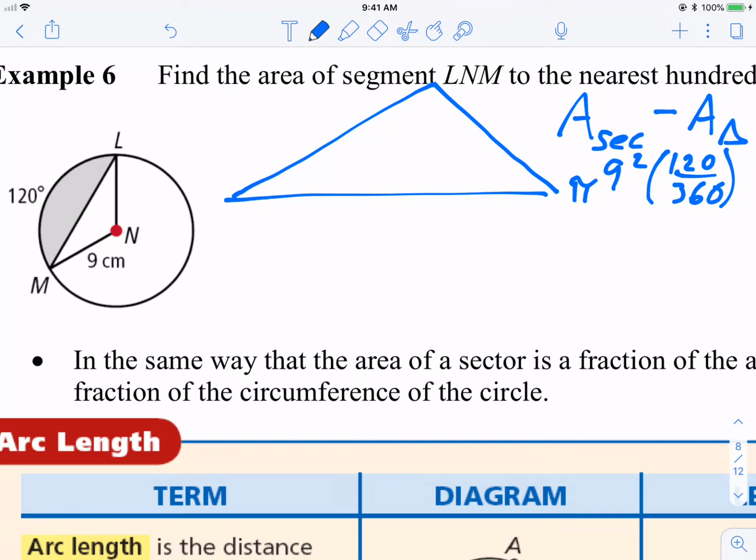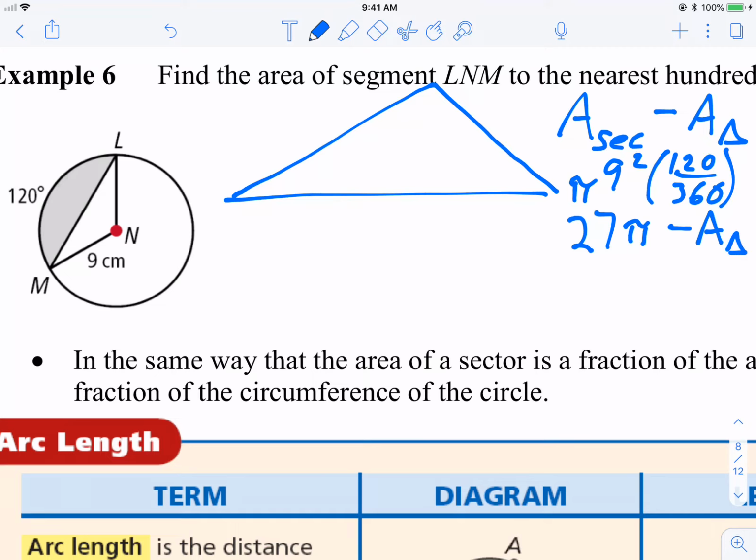So we have 1/3 of our circle in this sector. We know that 9 squared is 81. So when we take 1/3 of that, it's 27. So the area of that full sector is 27 pi. So we'll just leave that alone for right now.